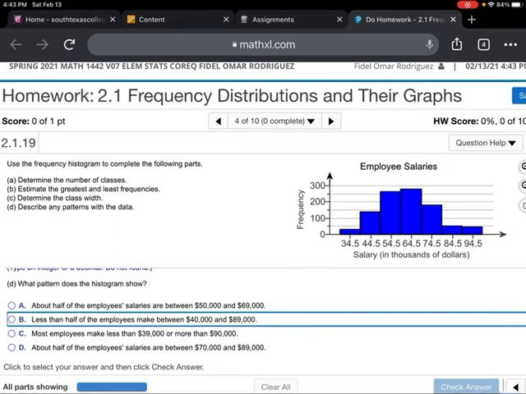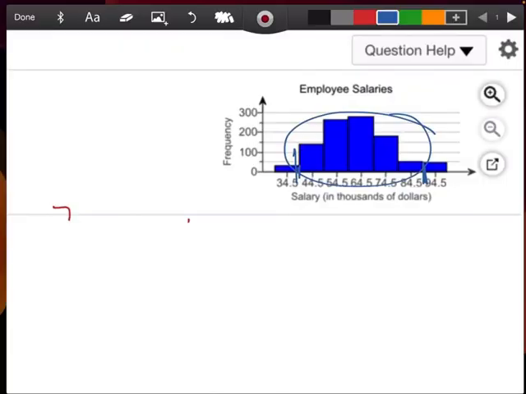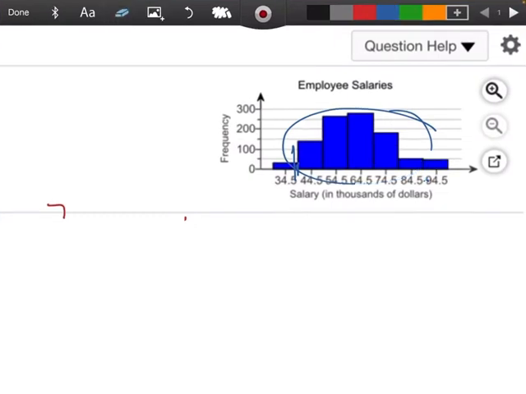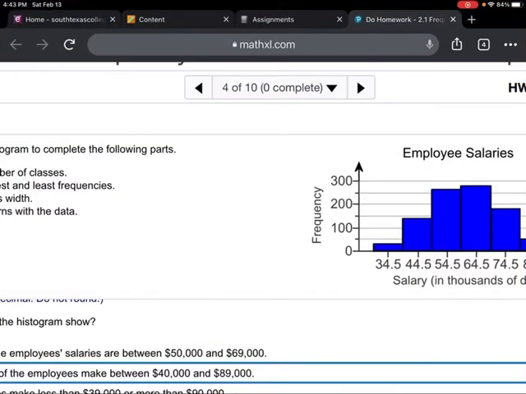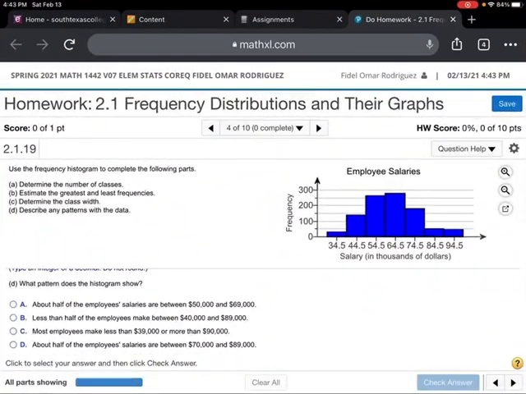So let me come back to my picture. Between 70 and 89,000. So here's 70, here's 89, right? That doesn't look like there's a whole lot of people right there. So when I come back and I look at my choices, it looks like A is probably going to be my best choice. I'm going to check my answer, and there we go.